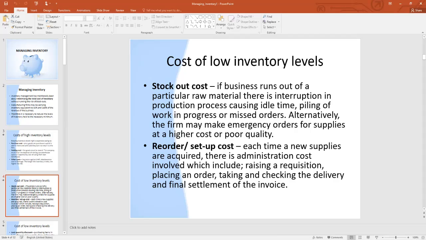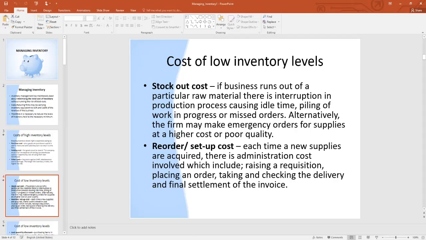As you reset the machine to restart production to supply the extra demand, you'll be incurring what we call the setup cost. All this is because you produced 10,000 instead of 20,000, and now you are running to supply the extra 10,000 which you had not anticipated needing to produce.